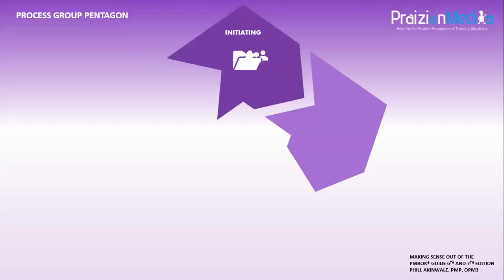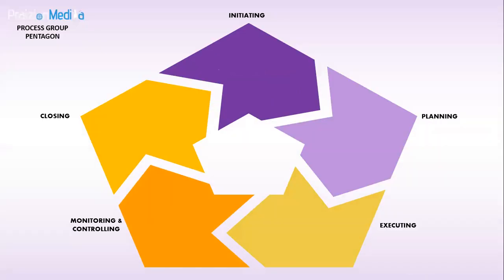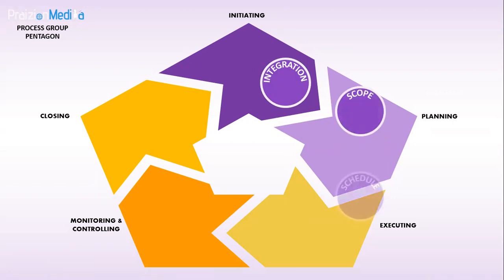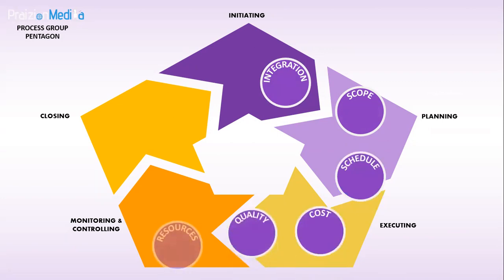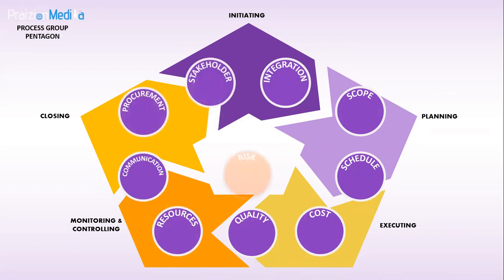Now, going back to the process group pentagon, on top of this is a layer, like I said, of the PMBOK Guide 7th edition. But on top of this, we could also impose the knowledge areas of integration, scope, managing the schedule, managing the cost, quality, resources, communications, risk, procurement, and stakeholder. But I have put risk in the middle for a very important reason. Every one of these areas could be viewed from a risk perspective.